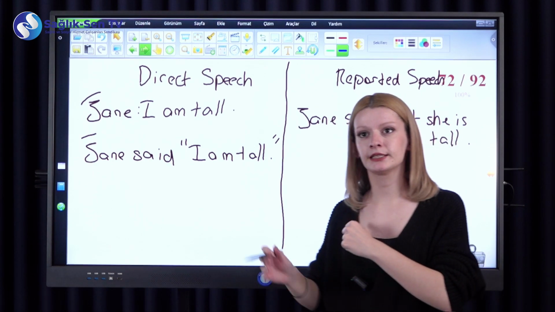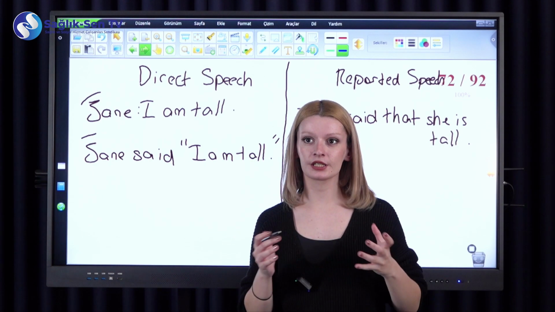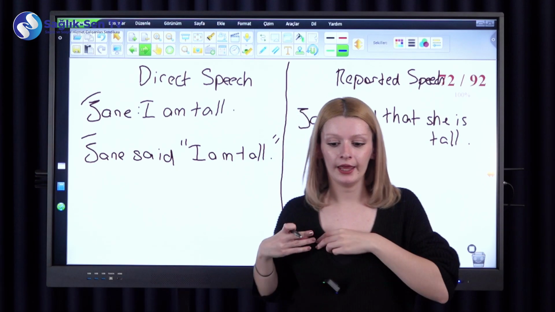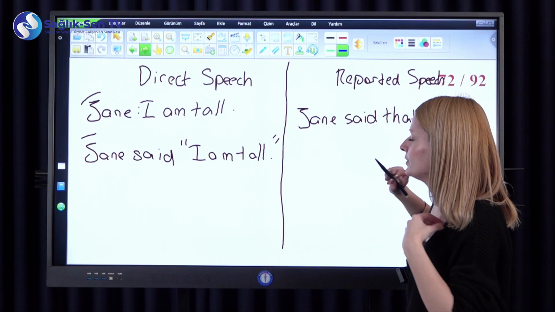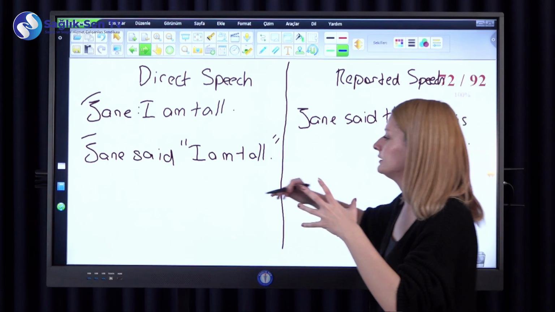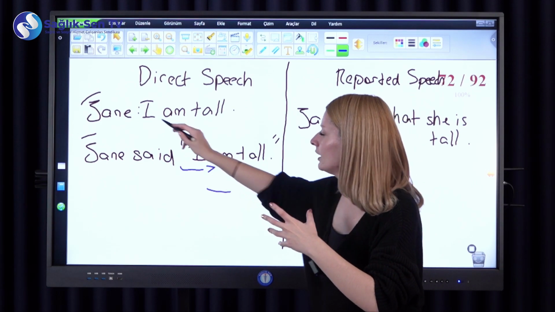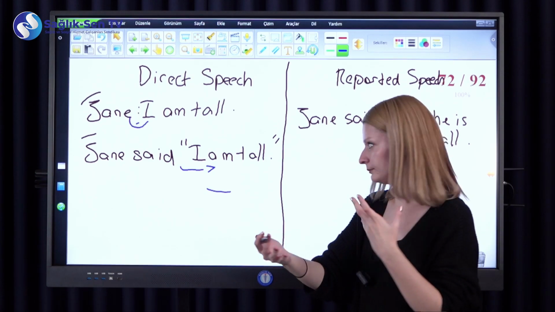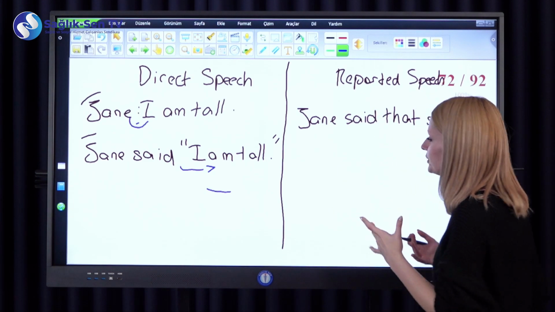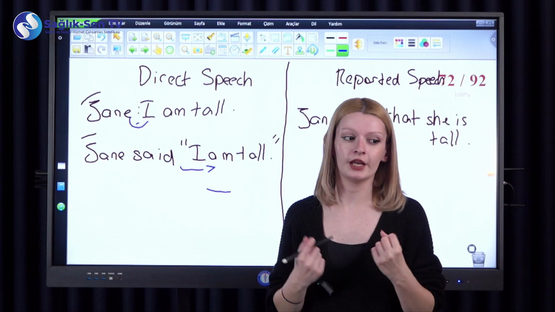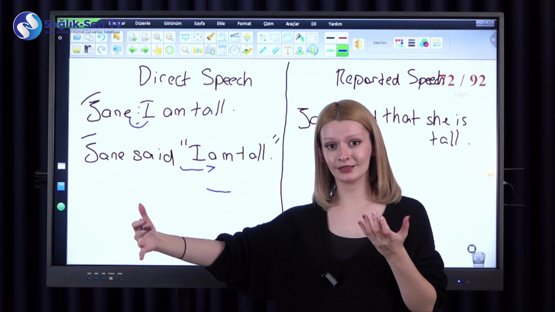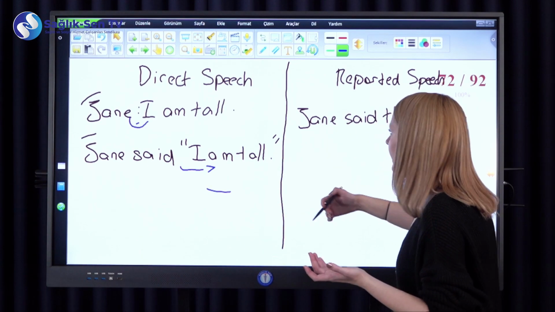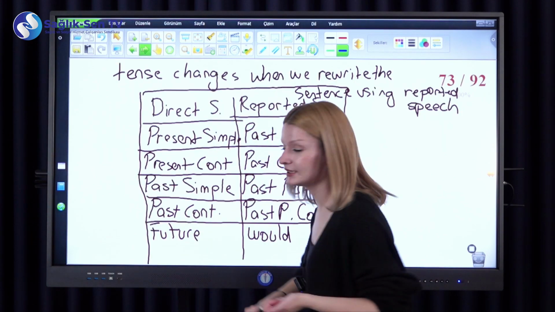We started with the differences between direct speech and reported speech. Direct speech is when we deliver a sentence from who said it. Reported speech is I am delivering what someone else said. And we talked about tenses.